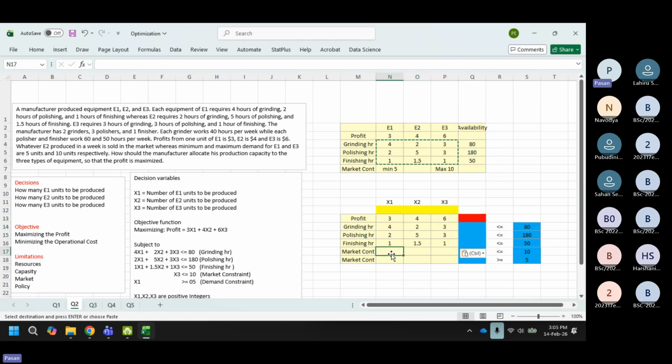And of course in terms of X1, we need that minimum count. So X1 is 1 here, and here it is 1 here, in terms of the market count. So we have these two restrictions there.